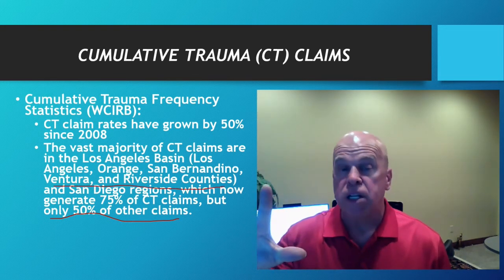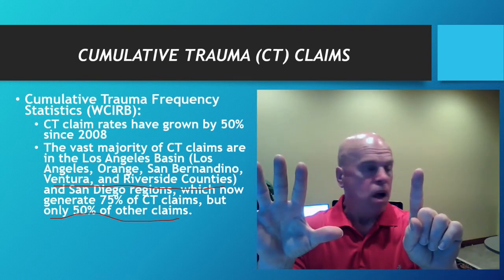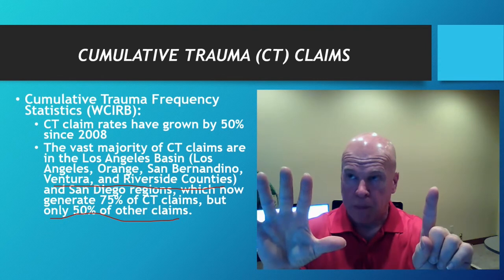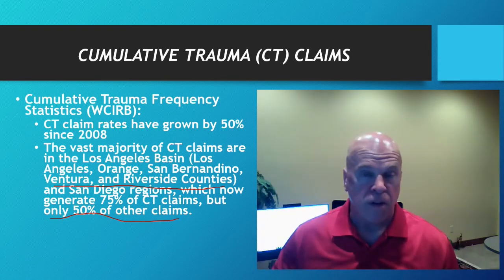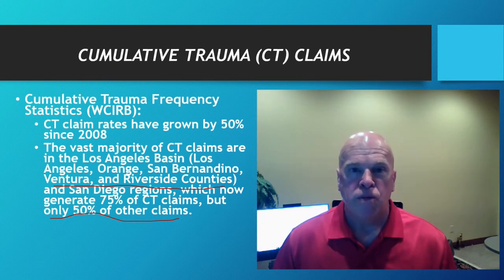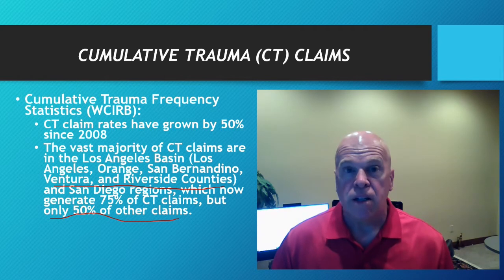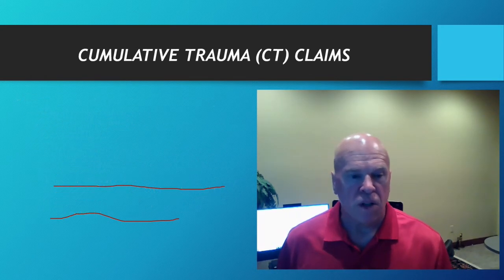Only 5 counties, plus San Diego County, 6 counties. Now, these are large and population dense areas, but it's only these 6 counties out of 58 total counties in the state of California that are responsible for 75%, 3/4 of the cumulative trauma injury claims throughout the entire state of California.